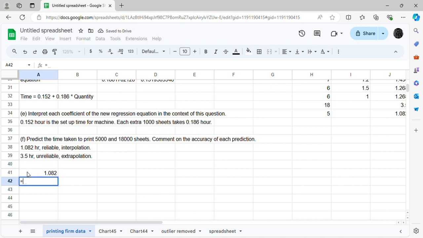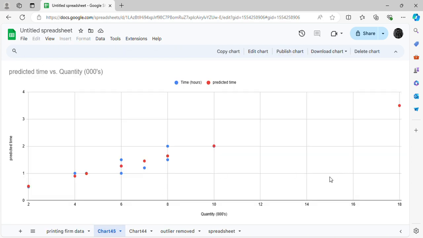And for 18,000 sheets, we type equal 0.152 plus 0.186 times 18, and that's 3.5 hours. Now we show that in the chart.